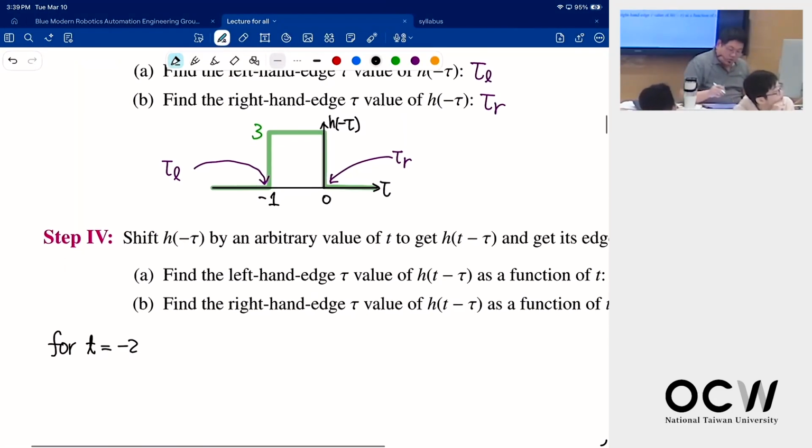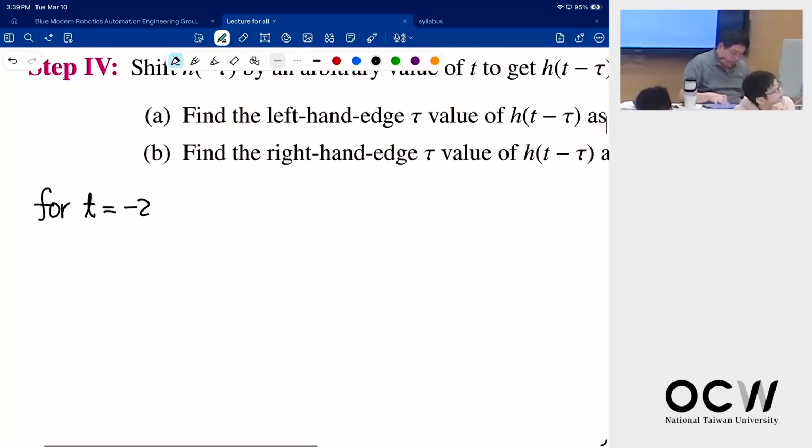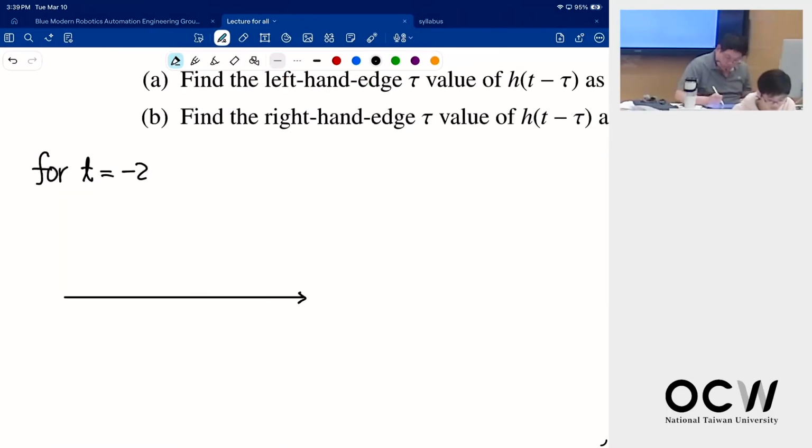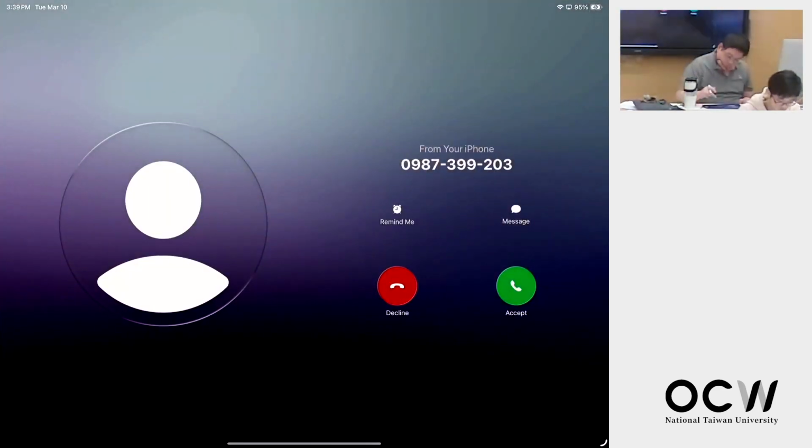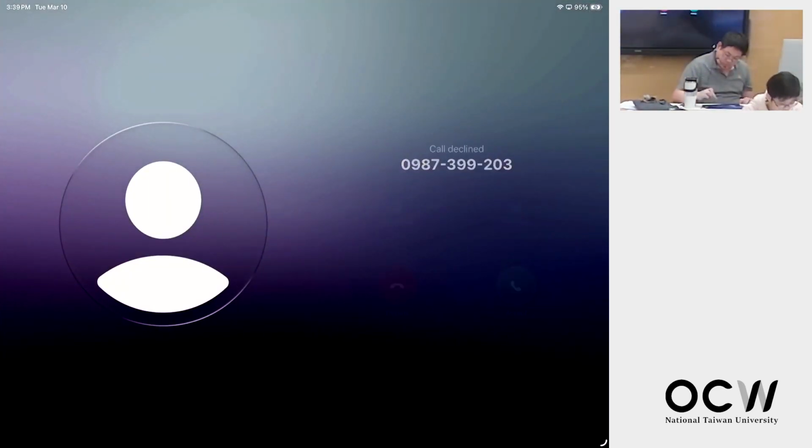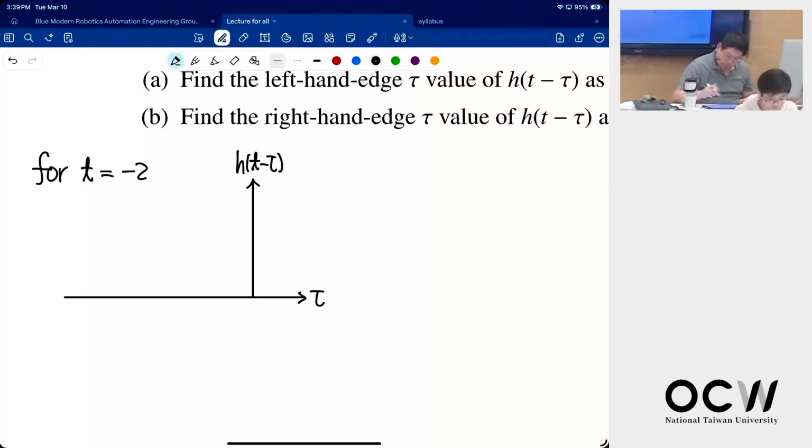So if I shift to the left, then my plot is, so here's tau. This is h of t minus tau, and this is h of minus 2 minus tau.